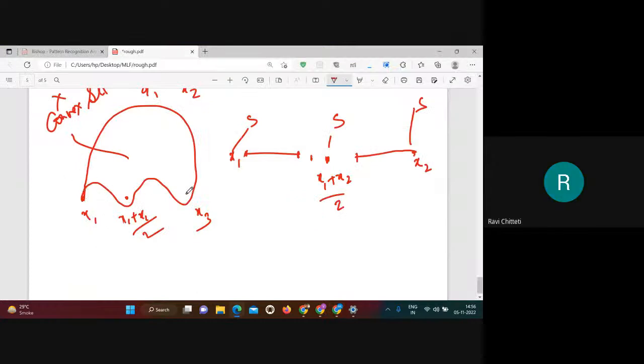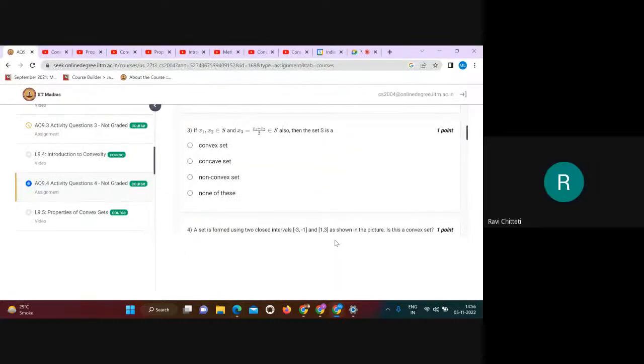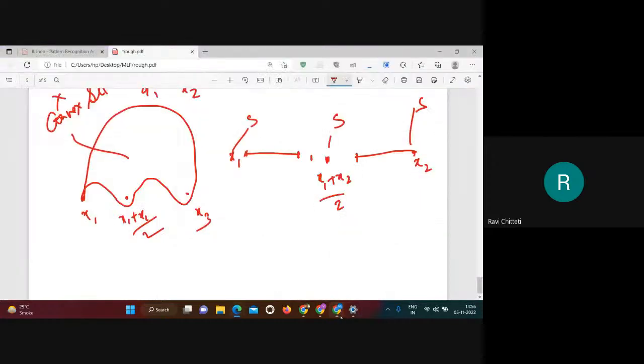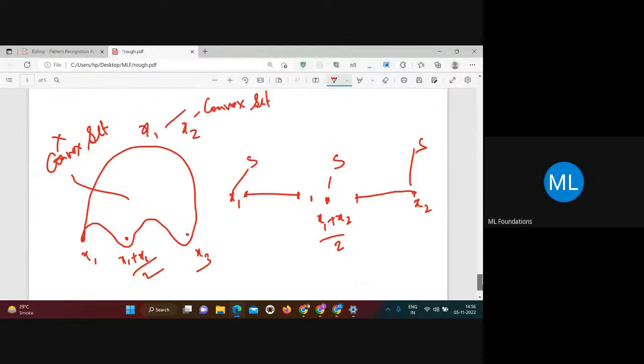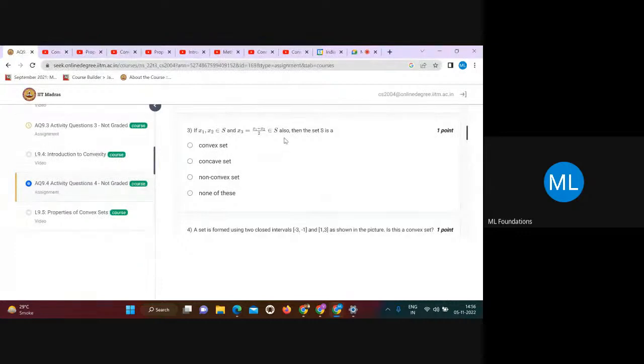S cannot have that shape, because S is not a convex set on that count. Yes, if S is a convex set, then S cannot have that shape. This is what I am also saying. So this must not be convex, right? Like this can be convex and can be not convex, right?